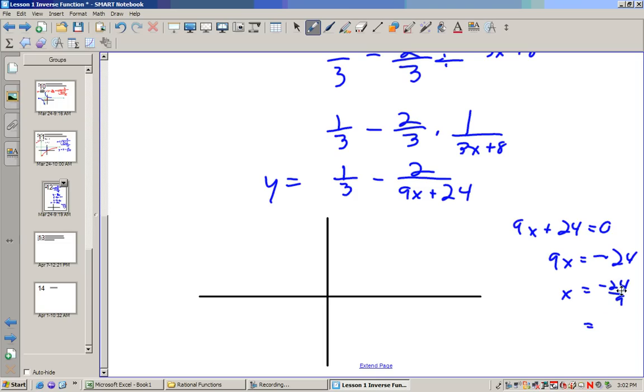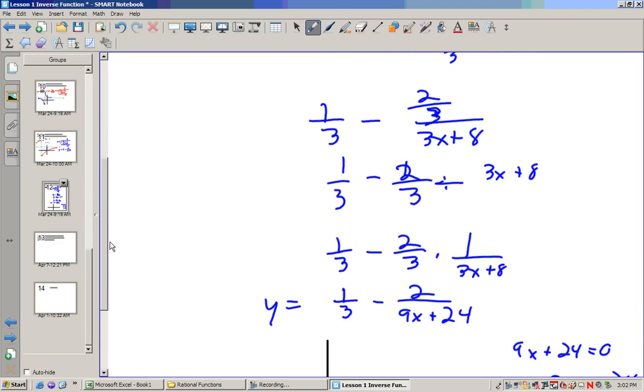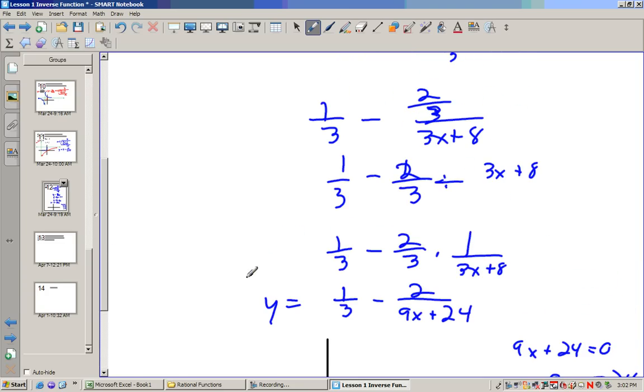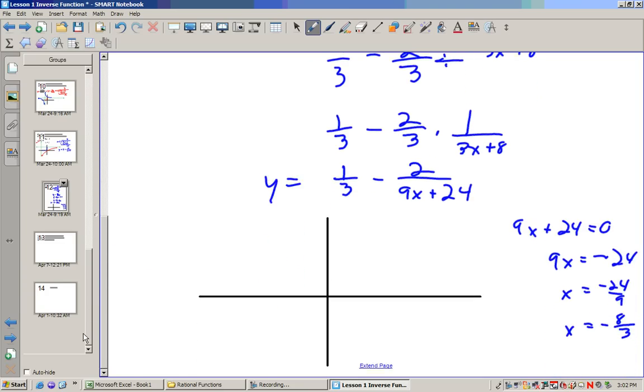Now, 3 can divide into both those, so that's negative 8/3. That's going to be my value for x. And it would have been easier to just see that that's negative 8/3 there. So negative 8/3 is negative 2 2/3, I should say.